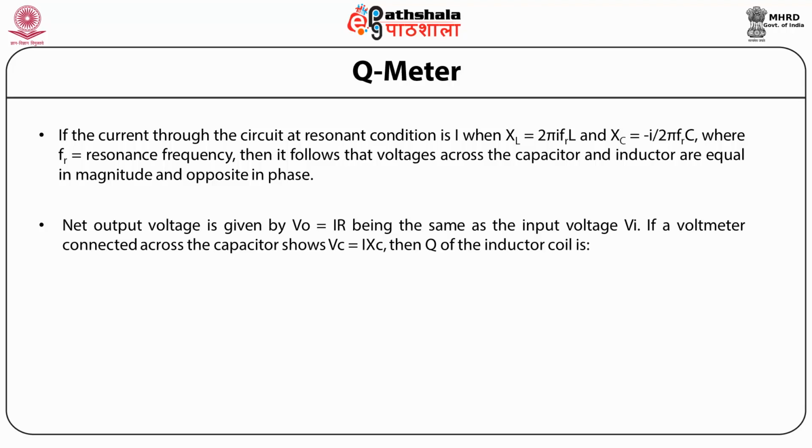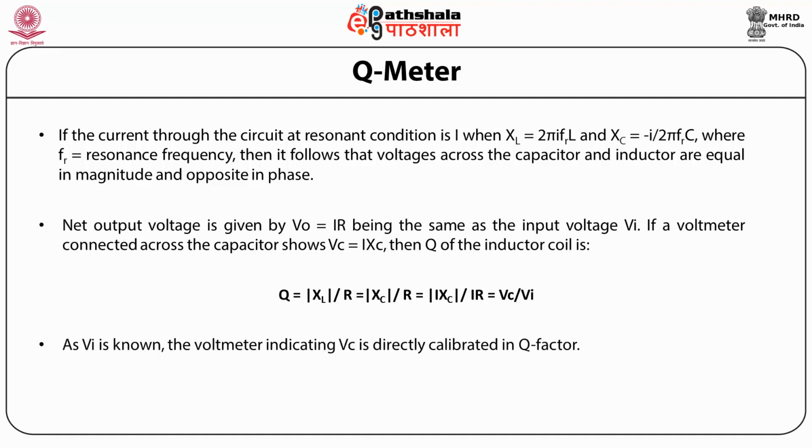If a voltmeter connected across the capacitor shows Vc is equal to I Xc, then Q of the inductor coil is Q is equal to mod of XL by R is equal to mod of Xc by R is equal to Vc by Vi.